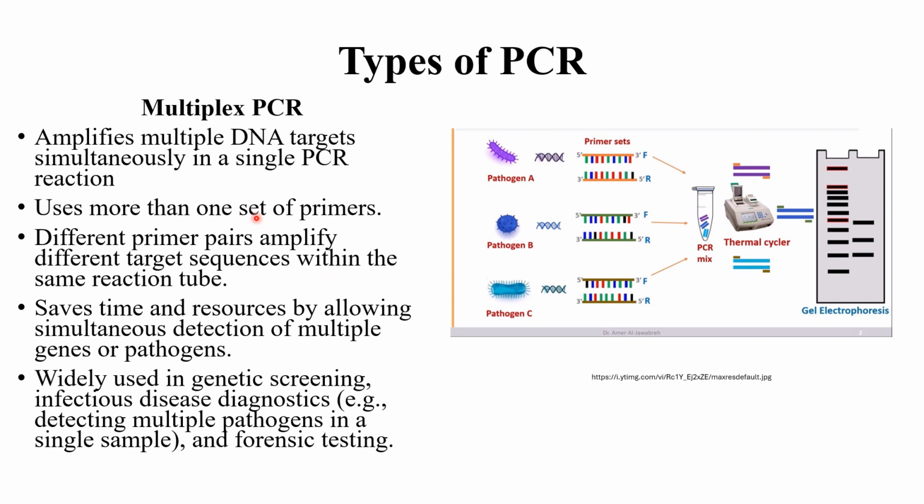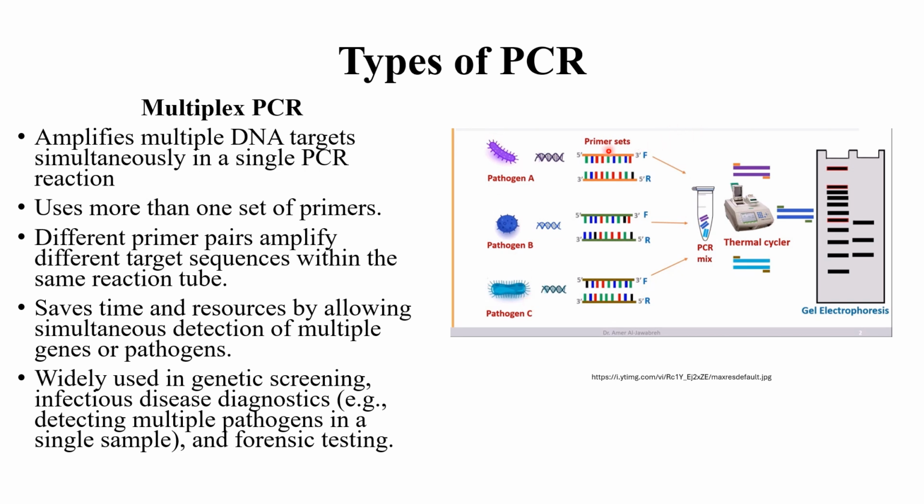The advantage of a multiplex PCR is that it can save time and resources by allowing detection of several pathogens or genes at the same time. So we can see here we can have different pathogens A, B, and C, and we want to check if the particular sample has these pathogens, maybe a co-infection.